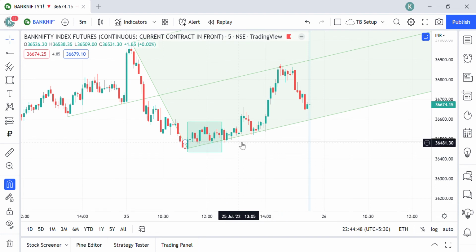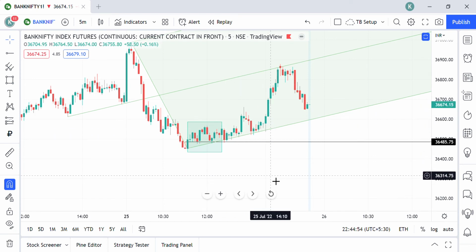Any wick that is touching this line is creating a fractal bar, indicating that price has no option but to traverse upside.